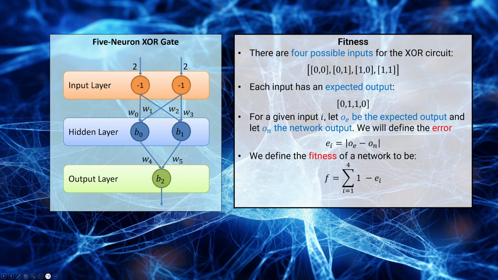So if all of our inputs are exactly correct, so we output 0, 1, 1, 0, our errors would all be 0, so our fitness would be 4. And otherwise, if one of our outputs is exactly wrong, so it's supposed to be a 1, say, and we're answering 0, then our difference here would be 1, so we would get 1 minus 1, which is 0, so we would get no benefit for fitness in that one.